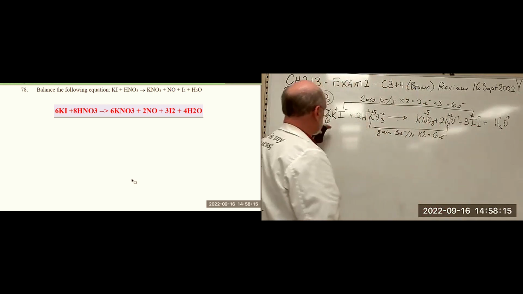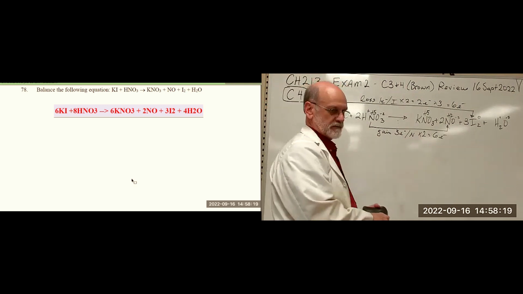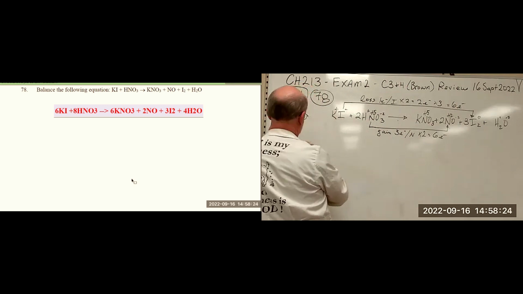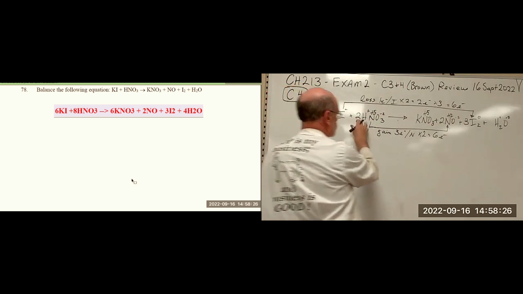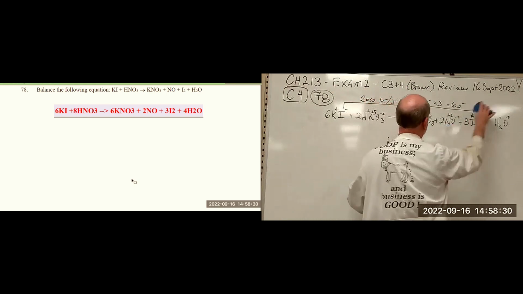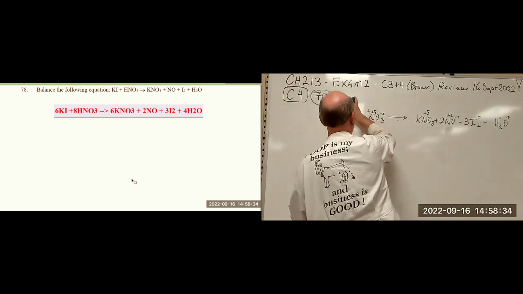So that's where we start for the rest of it. We've got the electrons balanced. So now you go in and you say, let's clean it up. This one's 6. That's 2.